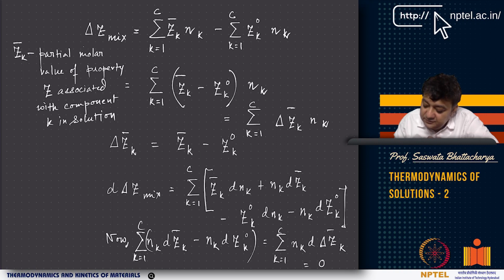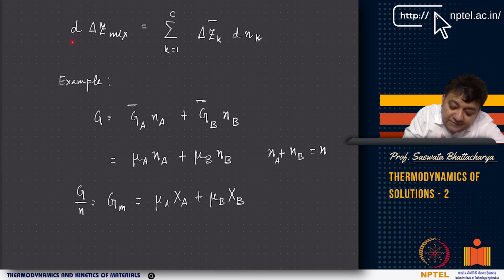Now, as you know, the summation of NK d delta ZK comes from the Gibbs-Duhem equation, so NK d delta ZK will be equal to 0. Delta ZK bar is ZK bar minus ZK0, and the summation of NK d delta ZK bar equal to 0 comes from the Gibbs-Duhem relation. So then we can write d delta Z mix is nothing but delta ZK bar dNK.